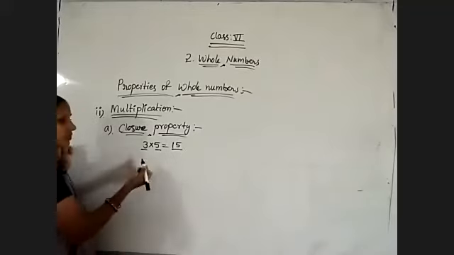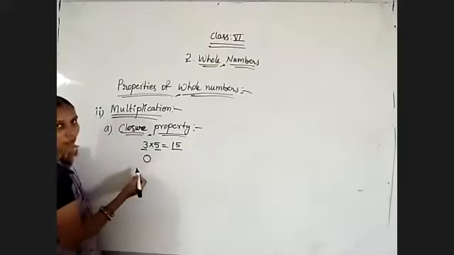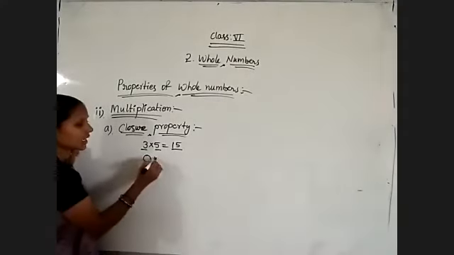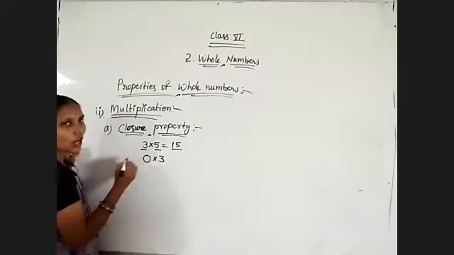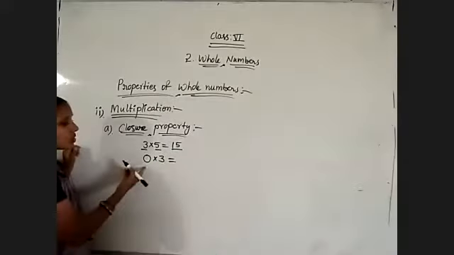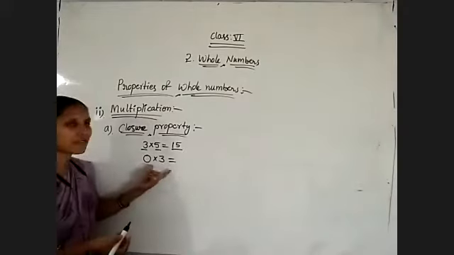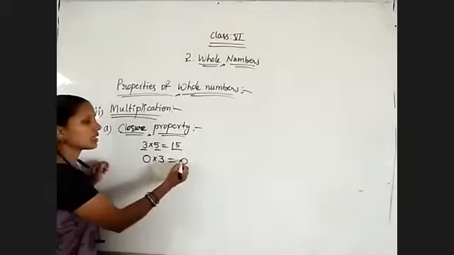Now, if I take my smallest whole number 0 and multiply it with any non-zero whole number, that is 3, both 0 and 3 are whole numbers. What is the product of 0 and 3? 0 itself.